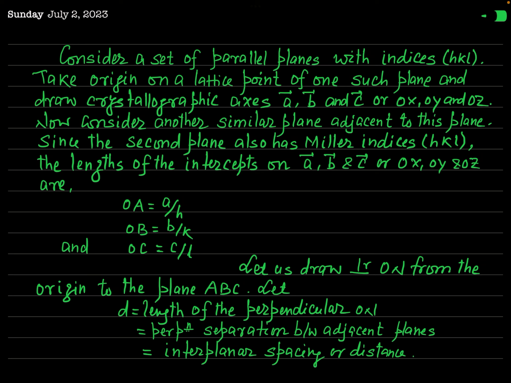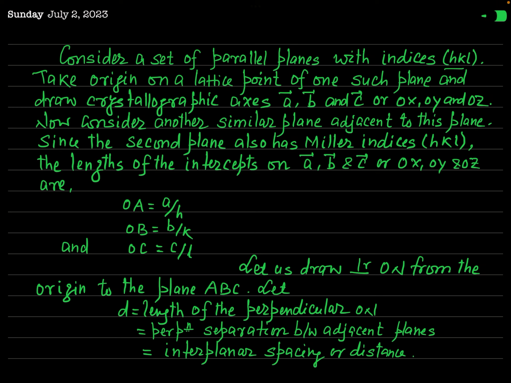You can see I have written: consider a set of parallel planes with indices HKL. Take origin on the lattice point of one such plane and draw crystallographic axes a, b and c, or OX, OY and OZ. Now consider another similar plane adjacent to this plane.